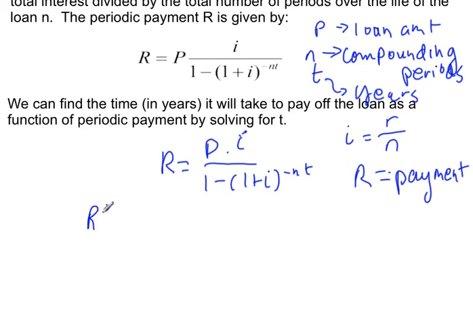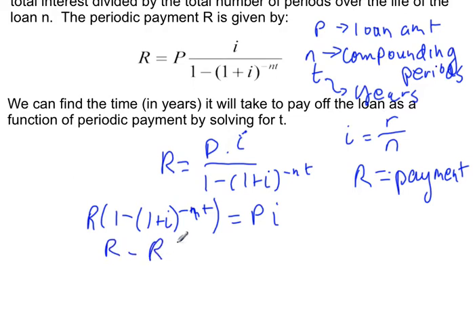That would be R times the quantity, 1 minus the quantity, (1 plus I) to the minus nt, equals P times I. Now, again, I want to solve for T. So I'm going to distribute the R. That would be R minus R times (1 plus I) to the minus nt equals PI.